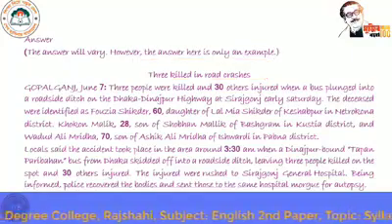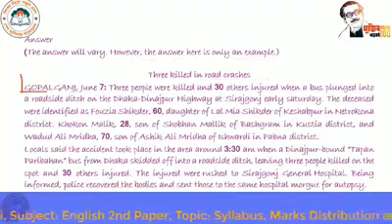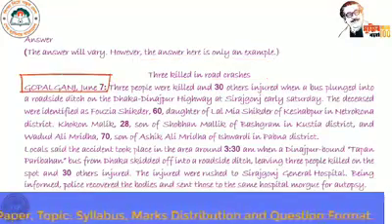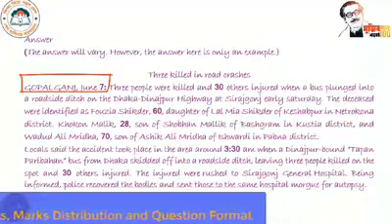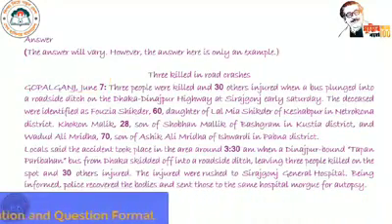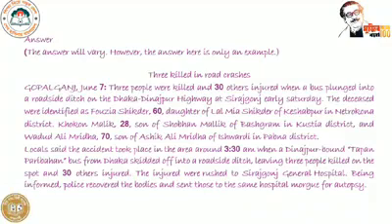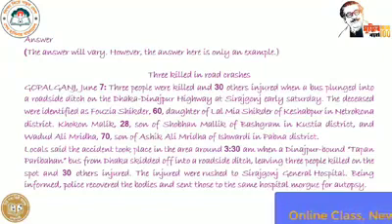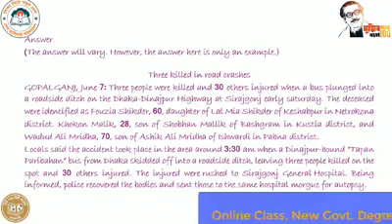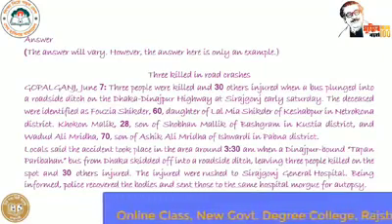Then the place and time is mentioned. After that, the incident is described in detail. Use detailed information in your report, and look carefully at the language used in this report. The language used in a report is a little different from the language of a paragraph.